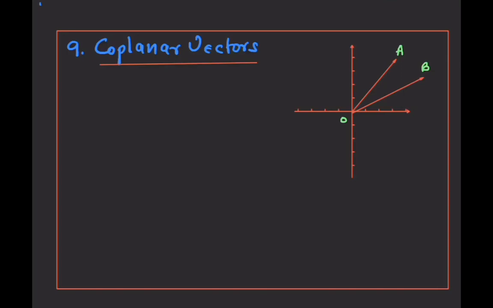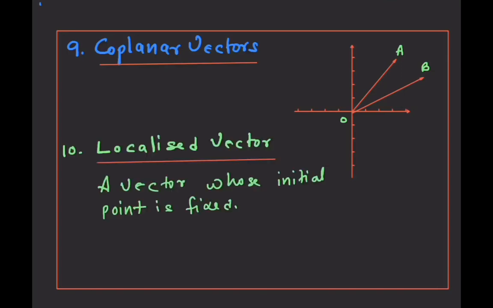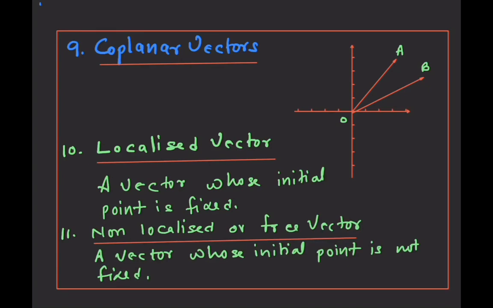Here vector OA and OB are known as coplanar vectors. A vector whose initial point is fixed is known as localized vector. A vector whose initial point is not fixed is known as non-localized vector or free vector.